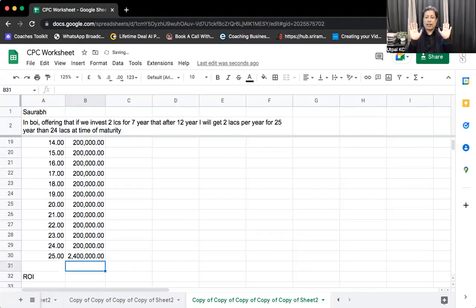This is correct. I am putting 24 lakhs, 2 lakhs, then 24 lakhs at the end. So now we'll have to give IRR.